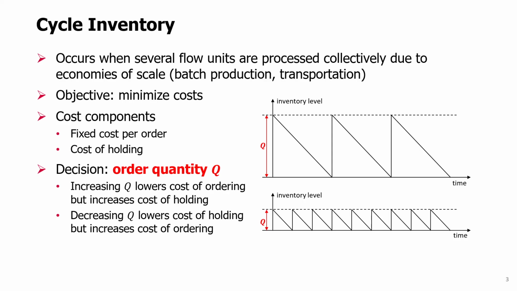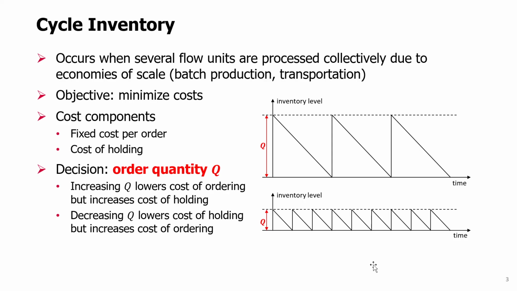Now, one comment on the quantity: I'm assuming here that we will always be ordering the same quantity, not changing it, and that assumes that the conditions of the decision do not change. So if I have certain fixed conditions, it only makes sense to order the same quantity, either this one or another quantity, but we should not change it from one month, let's say, or from one cycle to another, because if the conditions are such that a certain quantity optimizes our situation, it should also optimize it in the future.